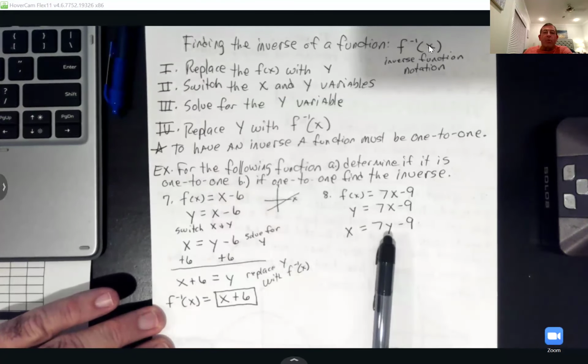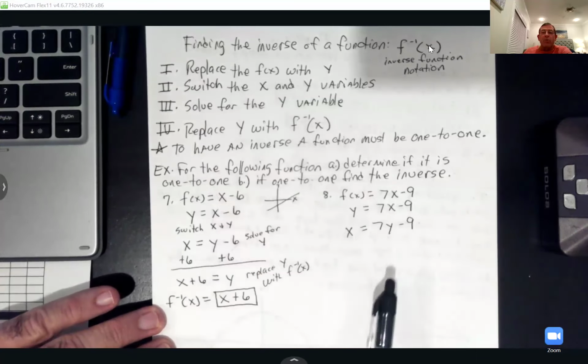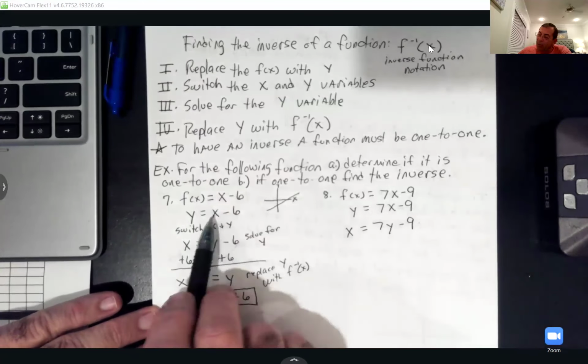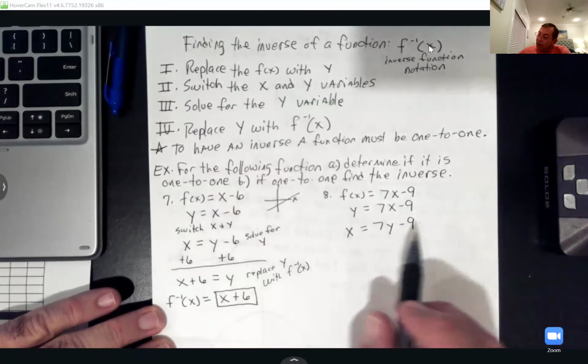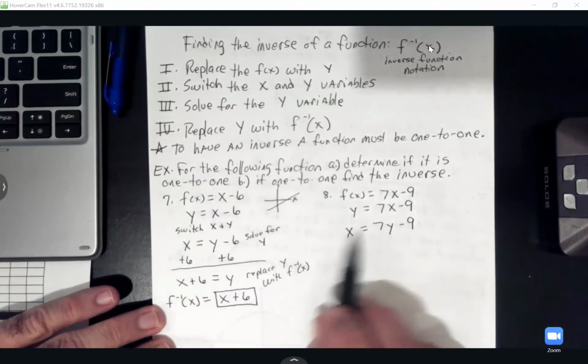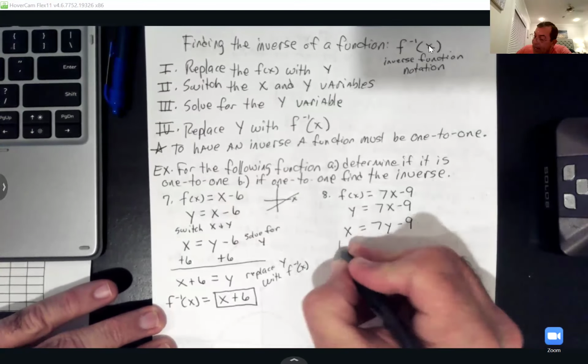Now that we've got them switched, we need to solve for this y. So a little more work than I had over here. But first, I would move that -9 over. So let's add the 9.